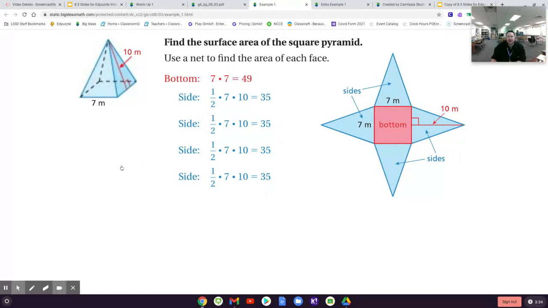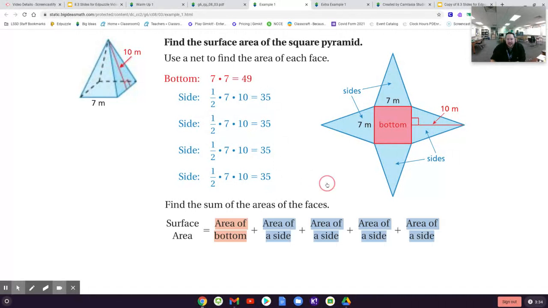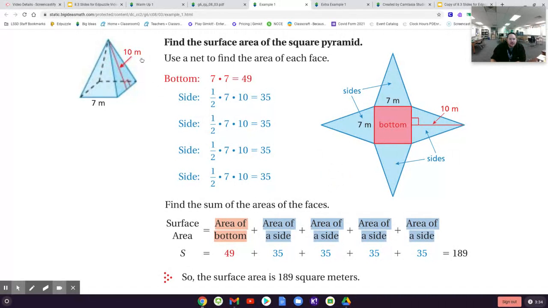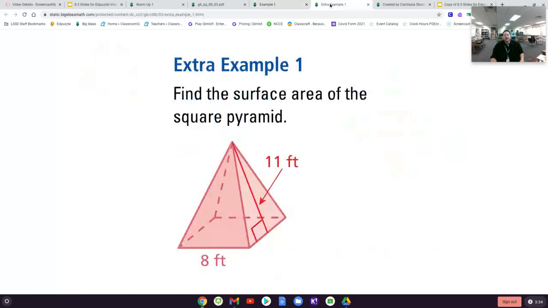Your job is to figure out what is the total surface area. So to get that, you need to add up all 5 faces. So you add the 49 plus all the 35s, and you get a total of 189. And because it's area, it will be square units. And the units we're using is meters. So 189 square meters.